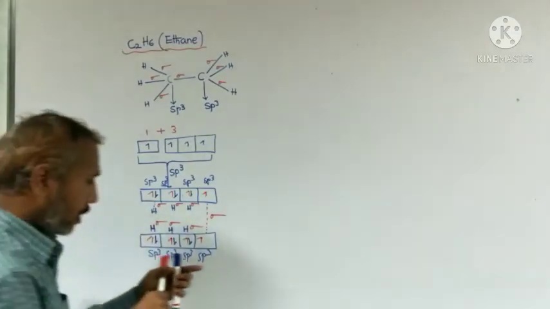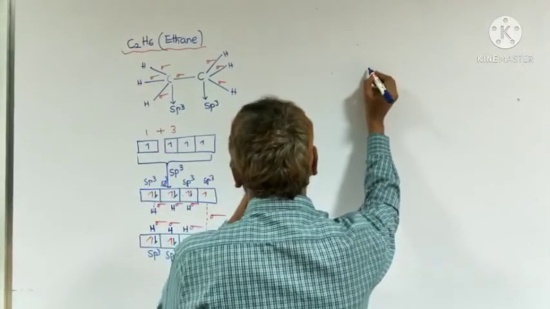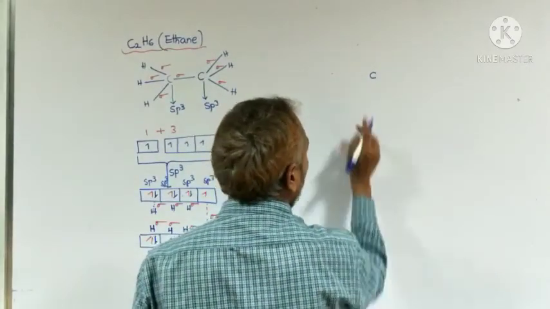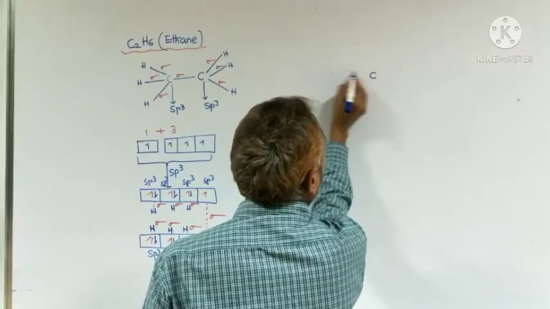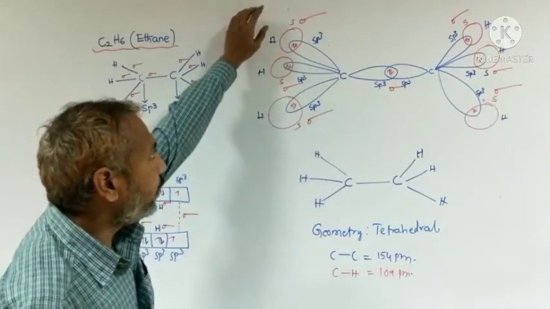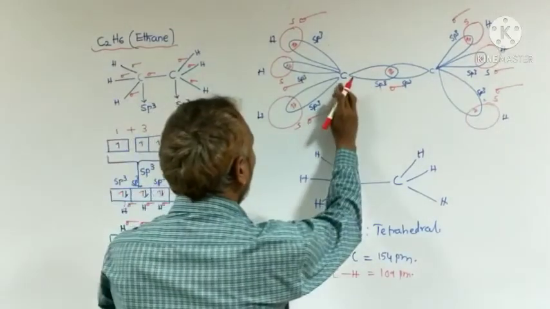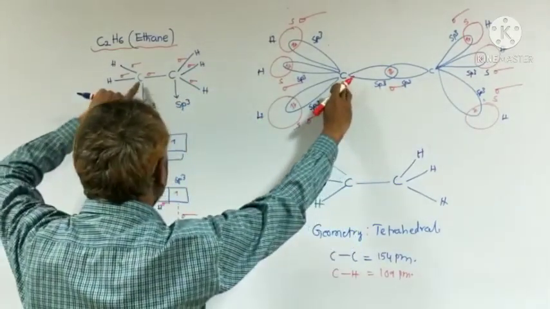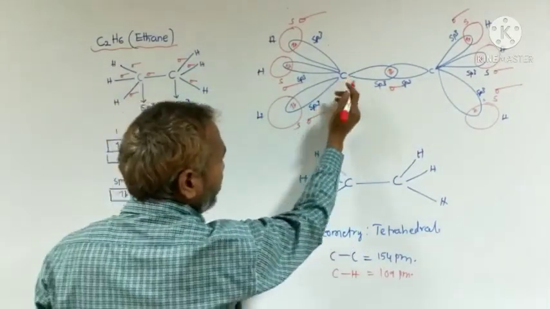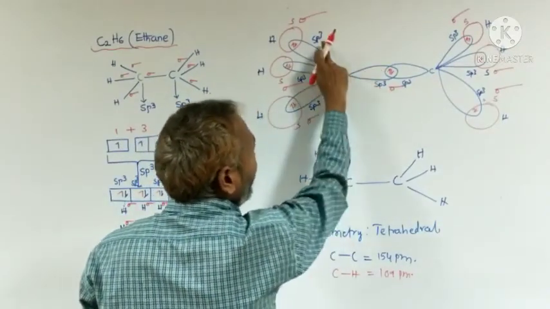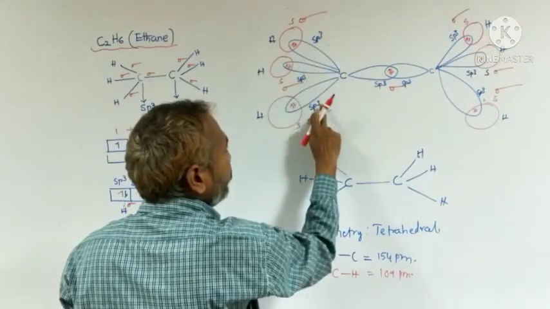Now the hybrid orbital representation, first for the C1 carbon. This is the hybrid orbital orientation of ethane. What happened here? Carbon undergoes sp3 hybridization, that's why there are 4 equivalent hybrid orbitals: first, second, third, fourth.